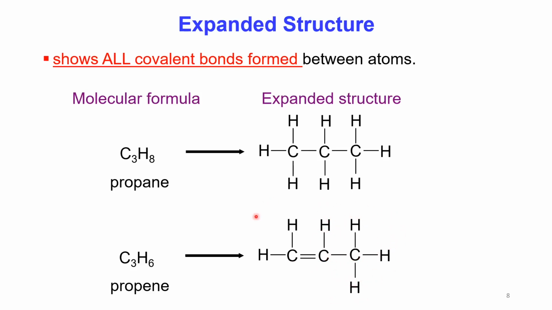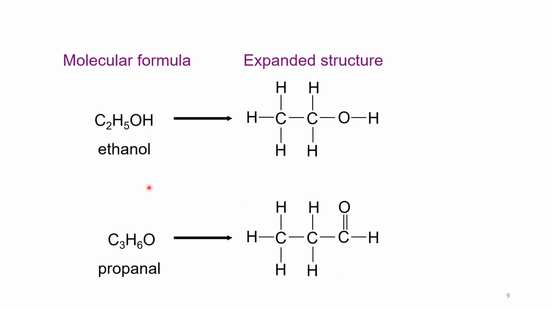So this is the expanded structure for propene. Now we look at ethanol with the formula C2H5OH. The expanded structure for ethanol is CH3, then we have CH2, this carbon attached to 2 hydrogen atoms, and the carbon attached to oxygen, and oxygen is attached to a hydrogen atom. Okay, so this is the expanded structure for ethanol.